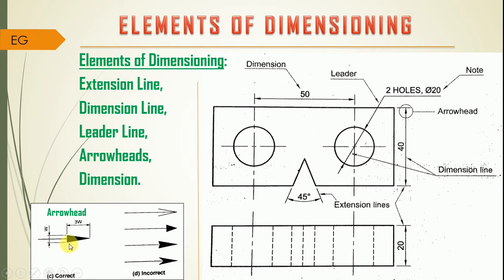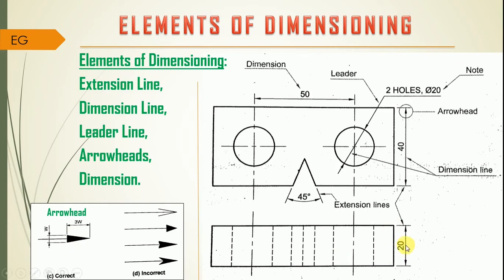If the width of the arrowhead is W, then the length of the arrowhead is thrice that width, and the arrowhead is completely filled, it is a solid one. So this is the approximate drawing of an arrowhead: if the width is W, the length should be thrice that width, and the triangle should be completely filled. This is the correct way to show the arrowhead.